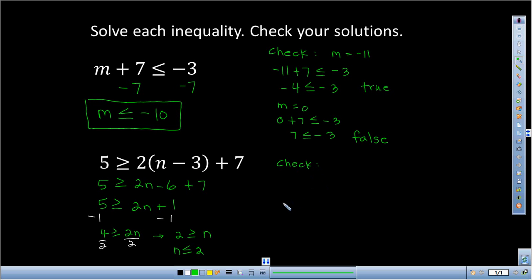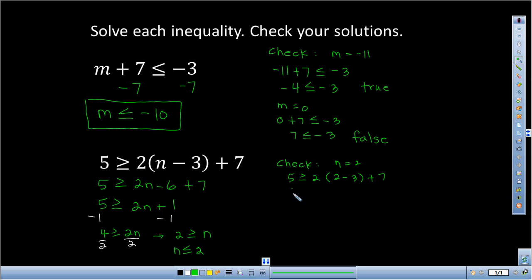So the first thing we're going to do is check a number in that interval. So since n can be less than or equal to 2, let's start with n is equal to 2. So we have 5 is greater than or equal to 2, and then in the parentheses 2 subtract 3, and then we have add 7.